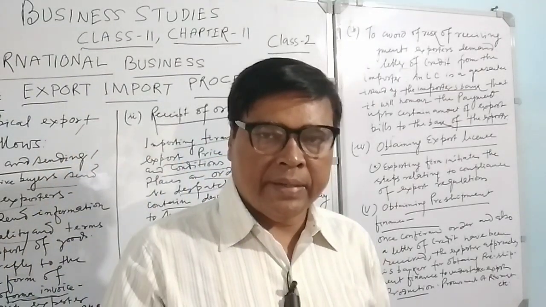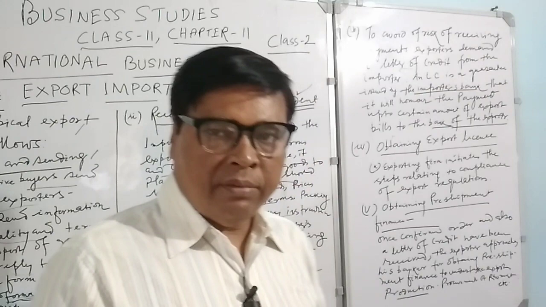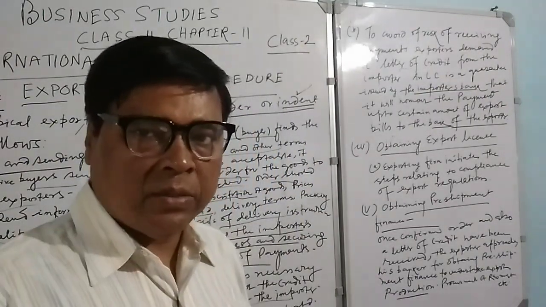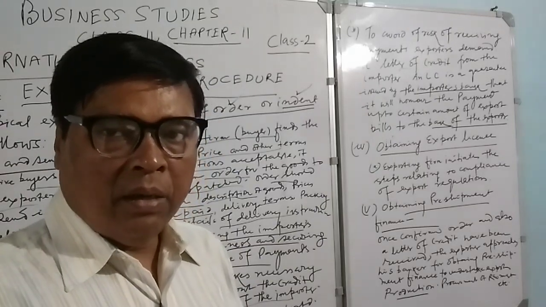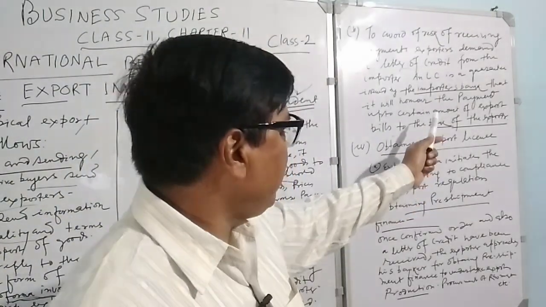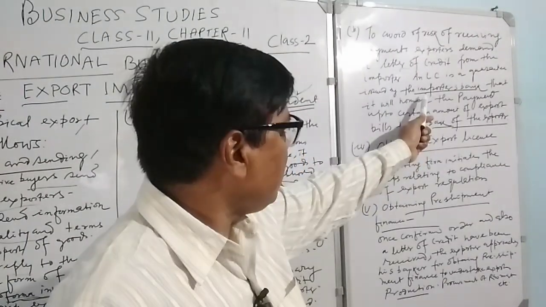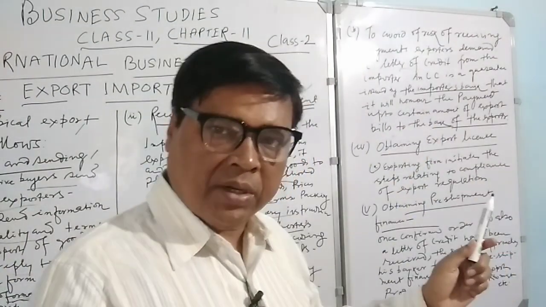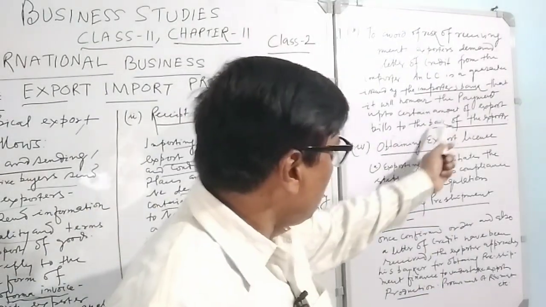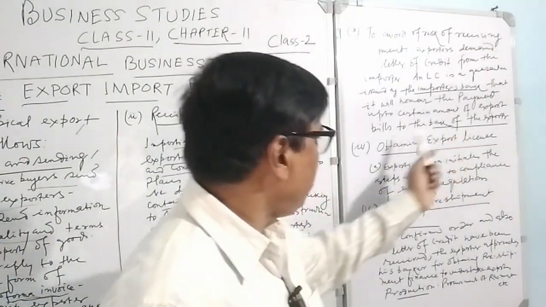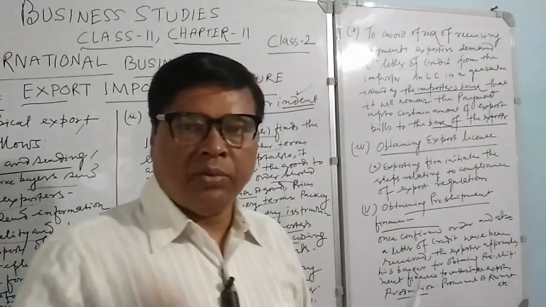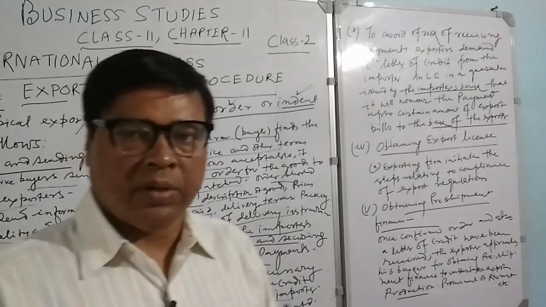It is an undertaking between the importer's bank and the exporter's bank, with a guarantee that it will make the payment. It will be issued by the importer's bank only, between the two banks, and it will honor the payment of a certain amount against export bills to the bank of the exporter. You see, importer bank and exporter bank.